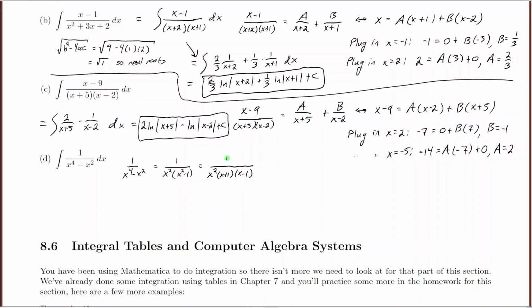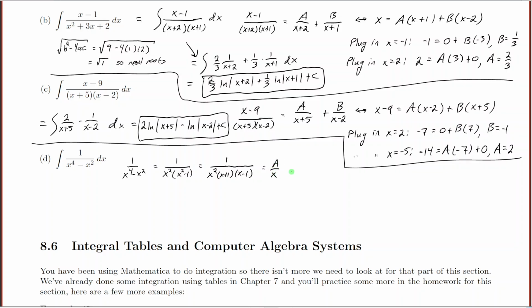And then when you're dealing with x raised to a power, it's sometimes tempting to forget that there's a multiplicity there, but I do need to treat that as 2 factors of x. So I'm going to set this equal to an a over x term, and then an x to the second term, and I'm just going to have b in the numerator because this is the multiplicity corresponding to that.